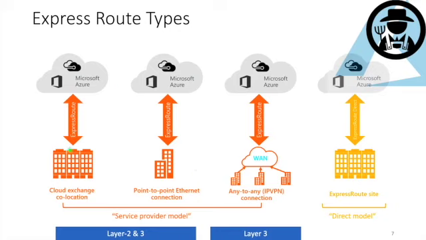So in terms of Express route types, there is the cloud exchange co-location type, there is the point-to-point Ethernet connection between your site and Microsoft, and there is the any-to-any IP VPN connection. So these 3 connections in orange, the service provider model, operate in layer 2 and 3.